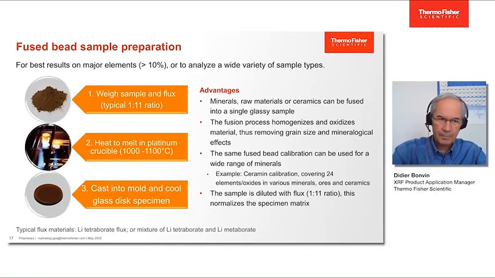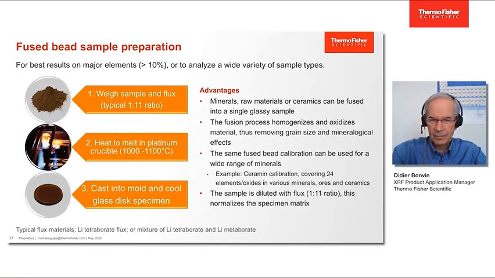This technique also removes any mineralogical effects, and in the end it improves the accuracy of analysis, mostly for the majors and minor elements. So typically when we are above 10%, the effect is really quite big, and less so when we are below 10%, from 1 to 10%.